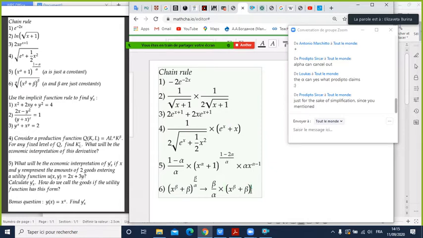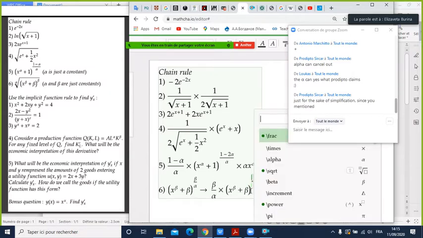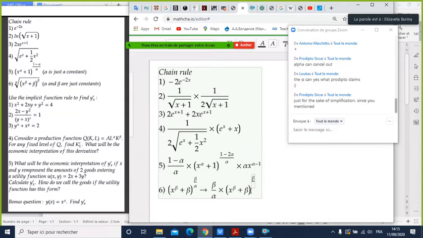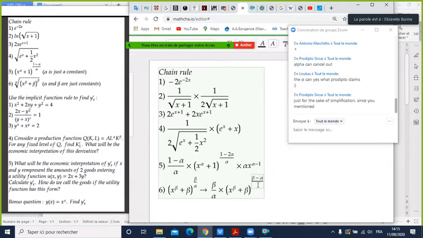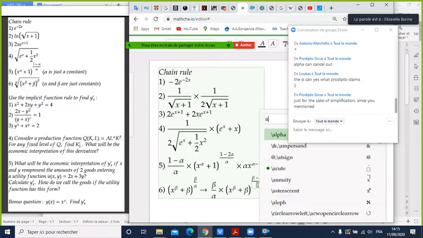That's going to be to the power of beta over alpha minus alpha over alpha, and we get a fraction of beta minus alpha over alpha.